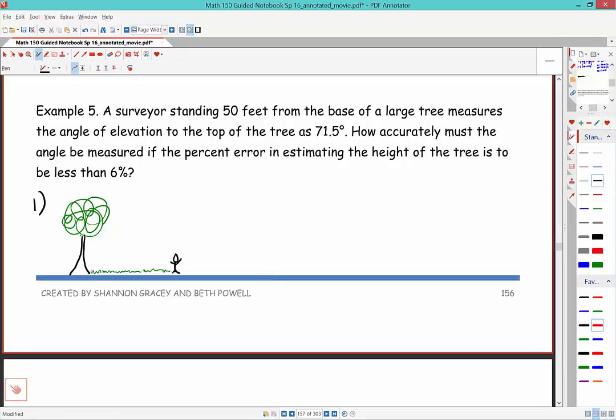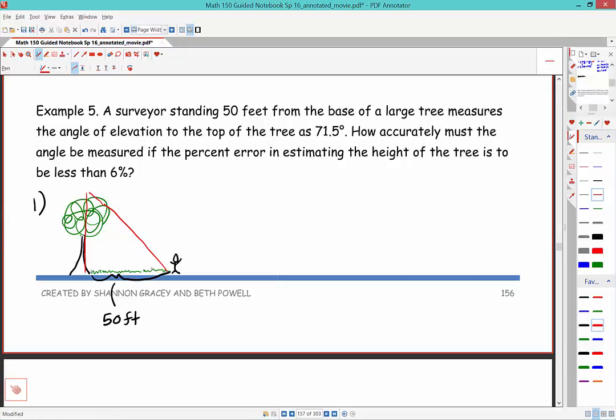Okay, so let's go ahead and write that in. This measure right here is 50 feet. And he's measuring the angle of elevation to the top of the tree. So if you go from here, our angle of elevation to the top of the tree, of course, the evil plan is we make a triangle here.